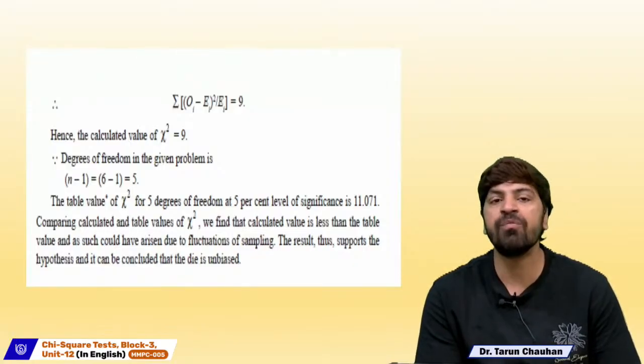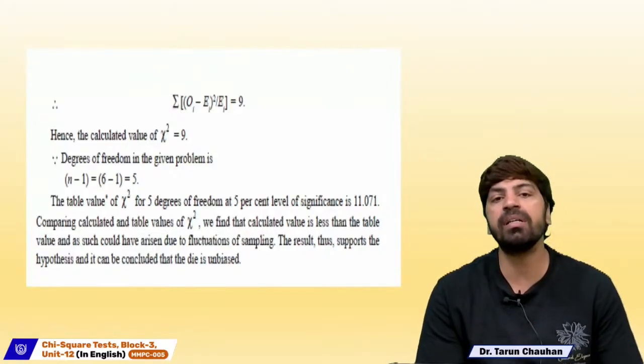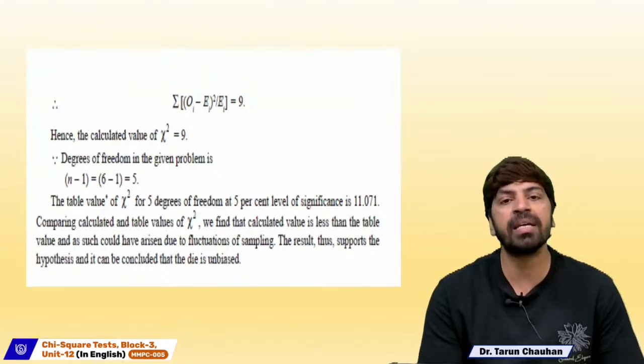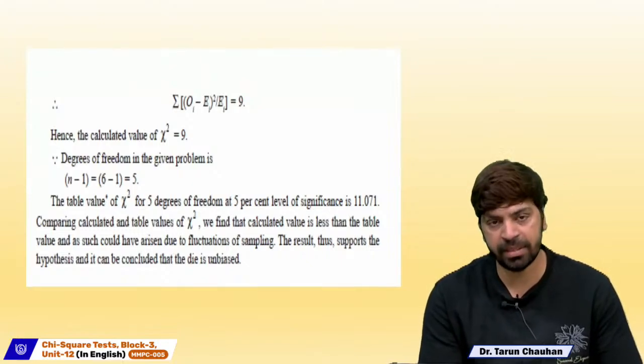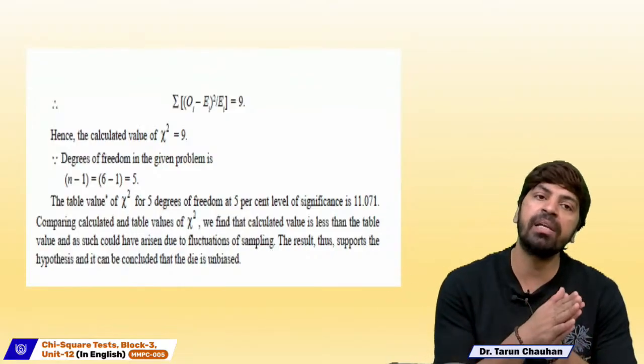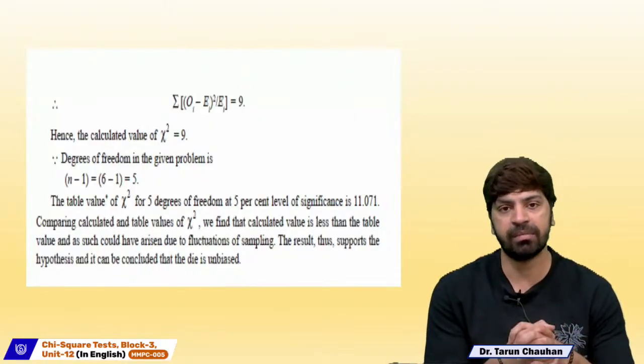That means we support the hypothesis, or we accept the null hypothesis, and it could be concluded that the dice is unbiased. So this is how we estimated the chi-square value and concluded the results as well.